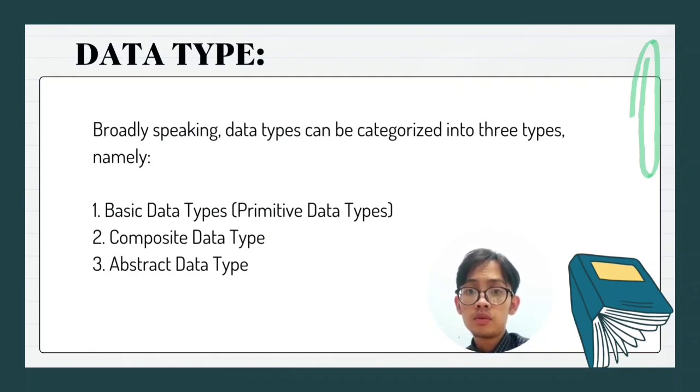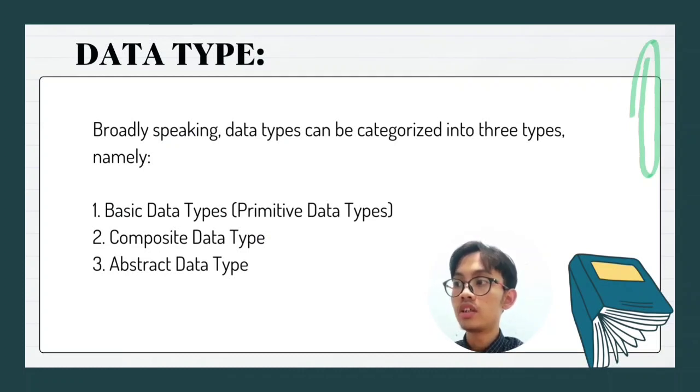And the third is abstract data type. An abstract data type, or ADT, is a concept in programming that is used to describe data types abstractly, regardless of their implementation.